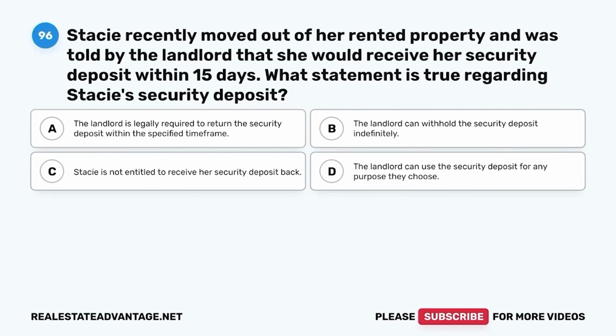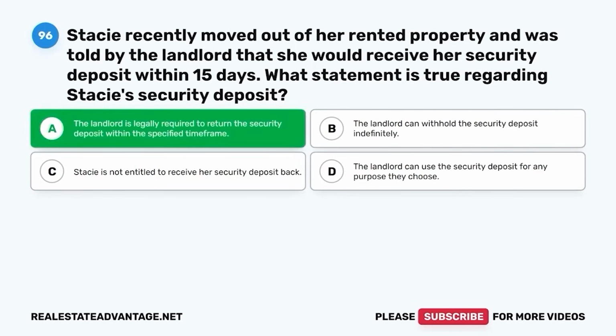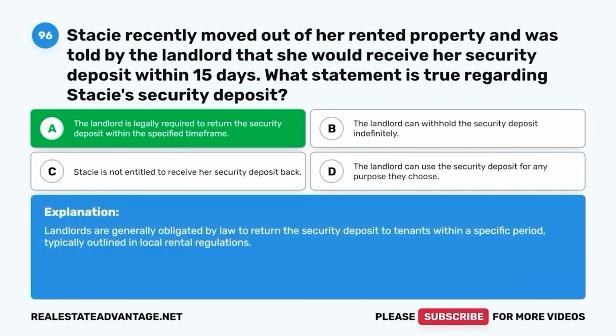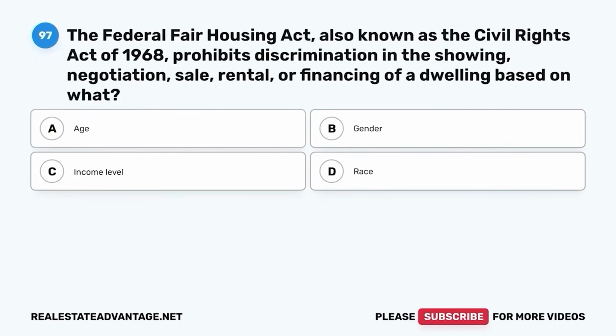C. Stacy is not entitled to receive her security deposit back. D. The landlord can use the security deposit for any purpose they choose. The correct answer is A. Landlords are generally obligated by law to return the security deposit to tenants within a specific period, typically outlined in local rental regulations.